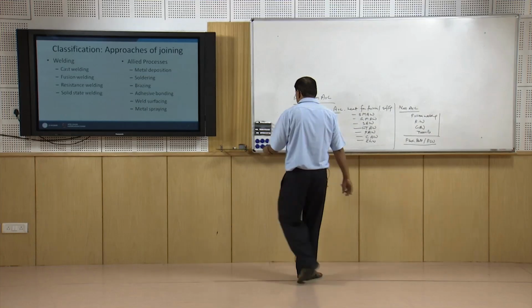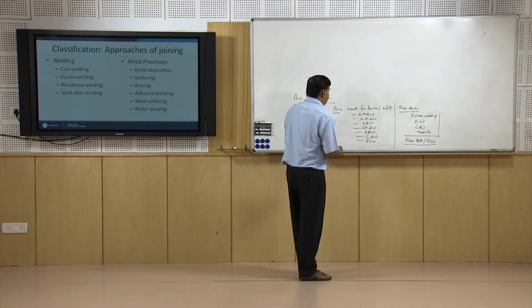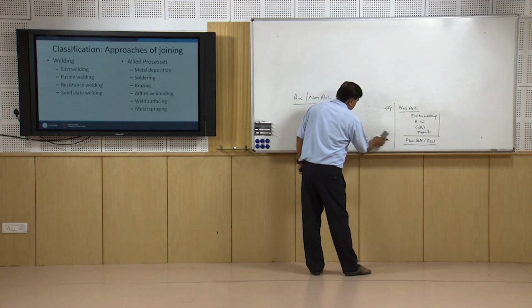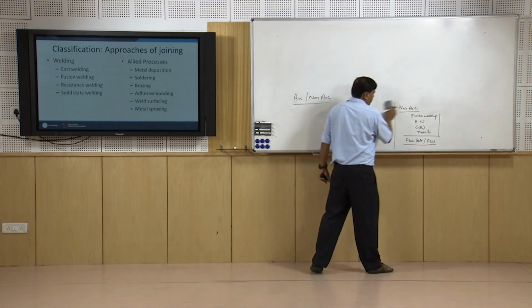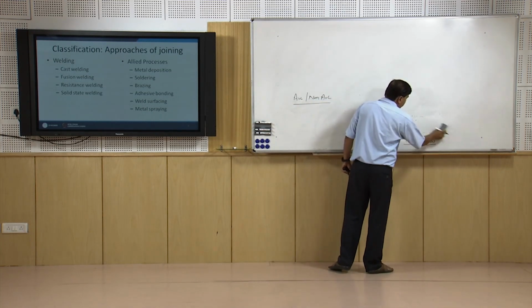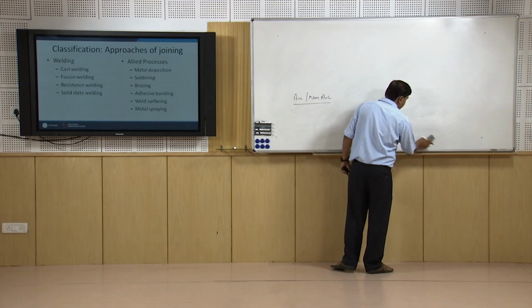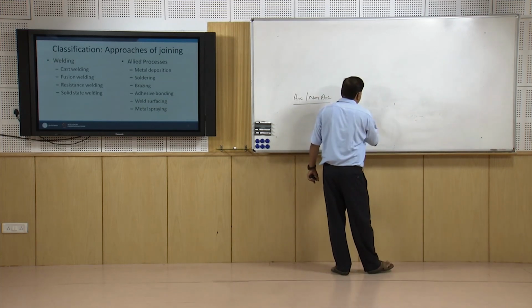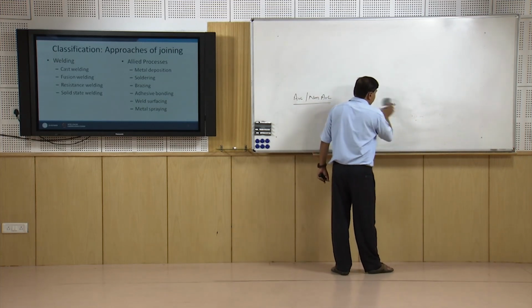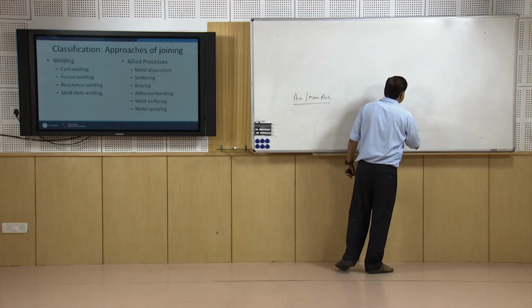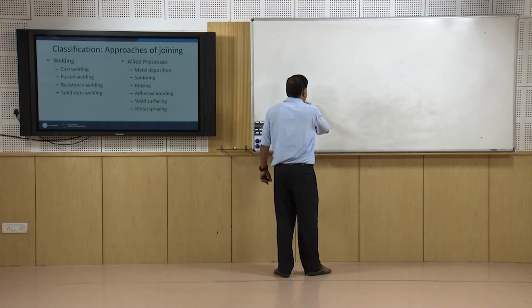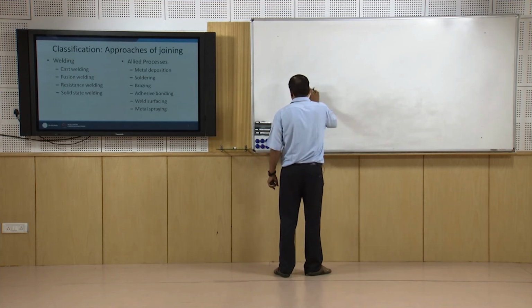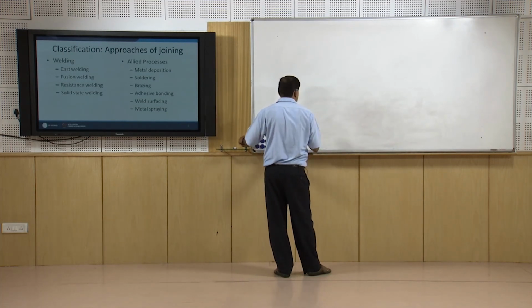Why is it so? I'll elaborate that. Because clarity does not exist in terms of the way by which heat is generated in these two cases, or the purpose for which heat is used in these two cases. So, for that we need to see first the way by which these processes work.